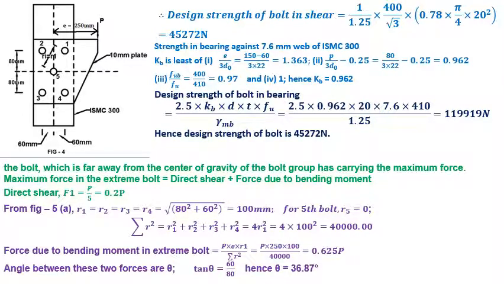Now, as you see in figure number 4, the bolt which is far away from the center of gravity of the bolt group carries the maximum force. That means the radial distance of bolt 1, bolt 2, bolt 3 and bolt 4, we have to calculate.